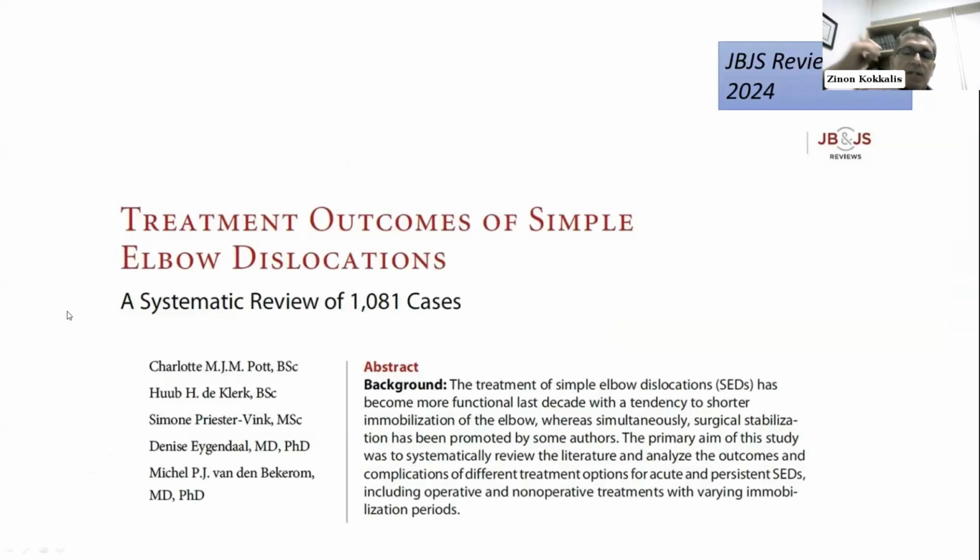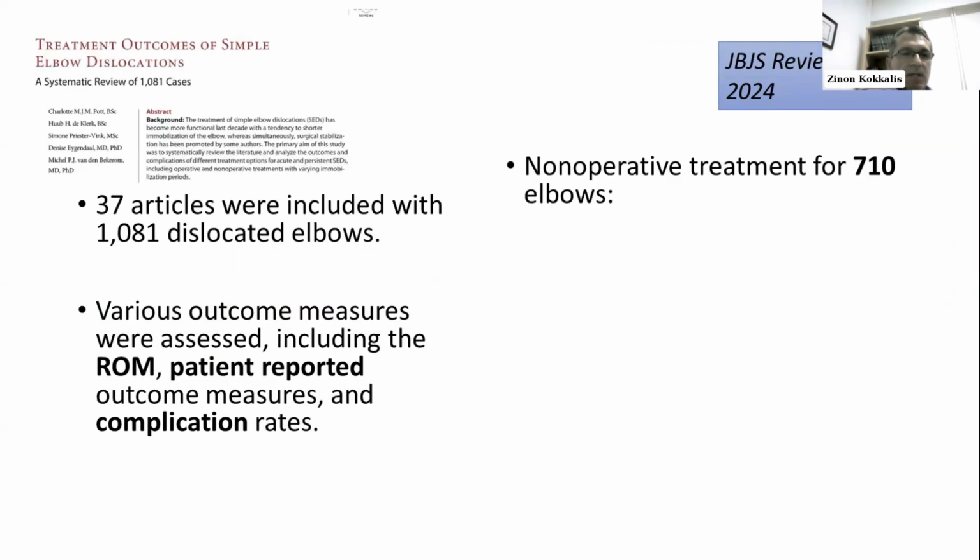And this is the systematic review from Charlotte Pott that was published recently in JBJS Reviews. It's a systematic review of 37 articles that were included, with 1,081 dislocated elbows. Outcomes were assessed, including range of motion, patient-reported outcomes, and complication rates.